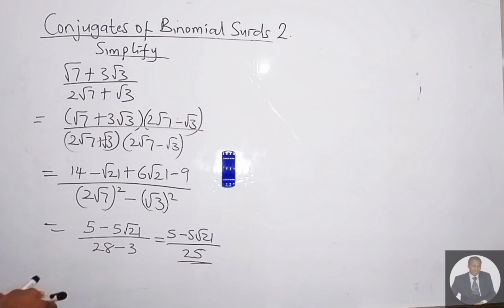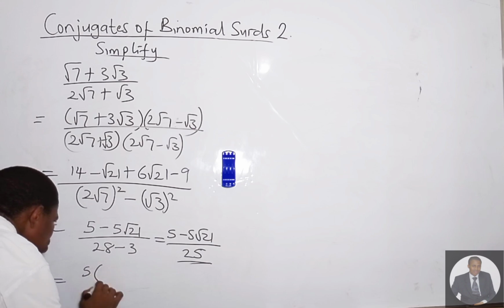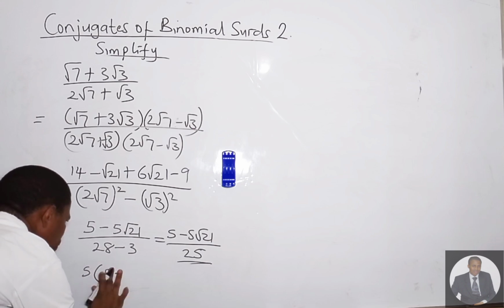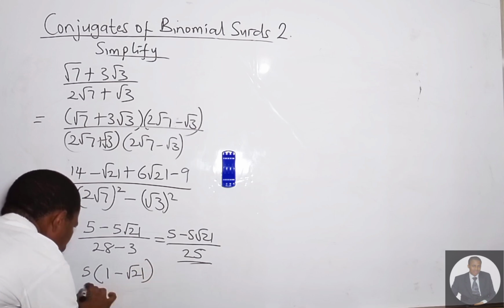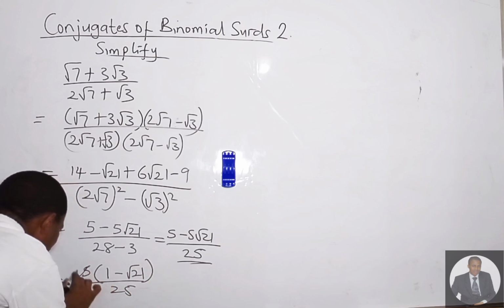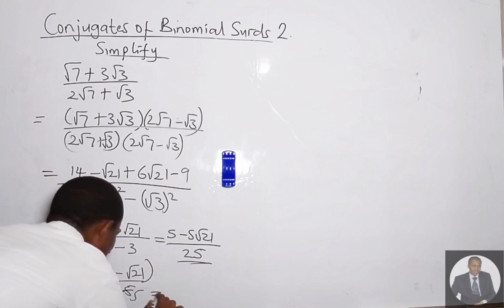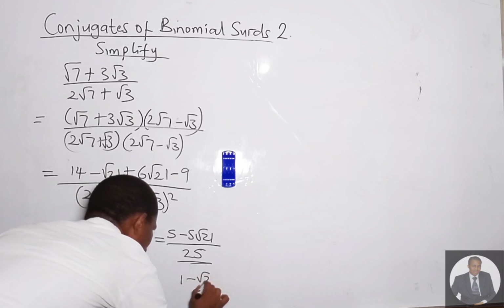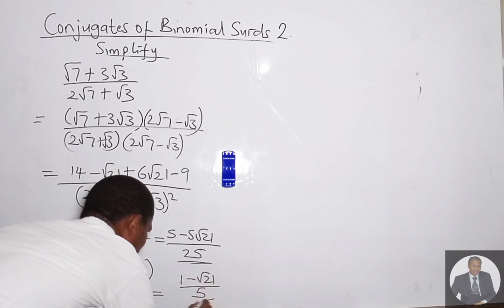This answer can be left this way, or we can factor out 5 to get 5 times (1 plus root 21) over 25. 5 goes into 5 once, and 5 into 25 is 5.